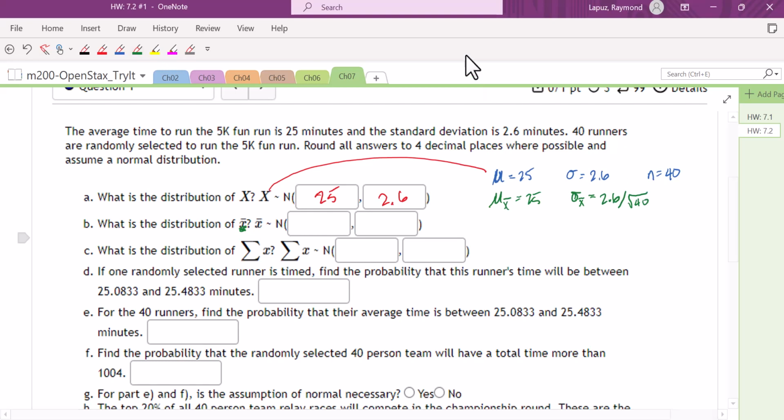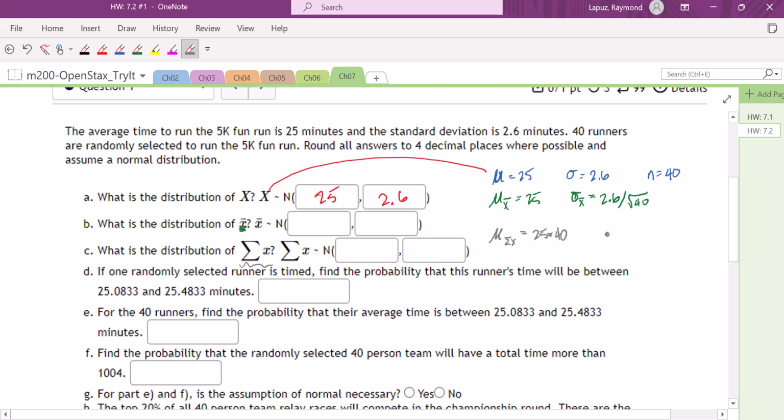All right, while we're here, we can go to the next one where they're looking for the sum distribution. And we want to find the mean and standard deviation for that as well. We will call this mu sub sigma x for the sum, and that is going to be the mu times n. So this is going to be 25 times 40.